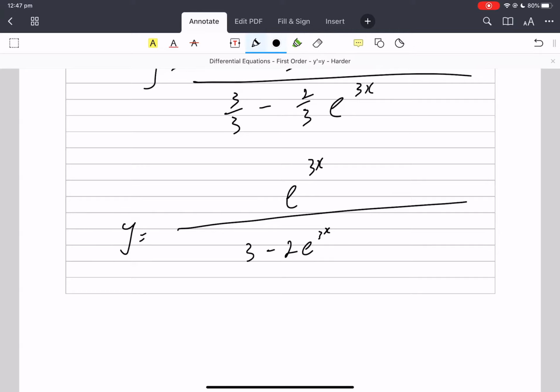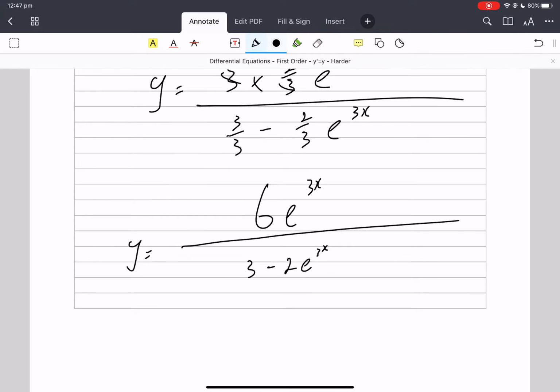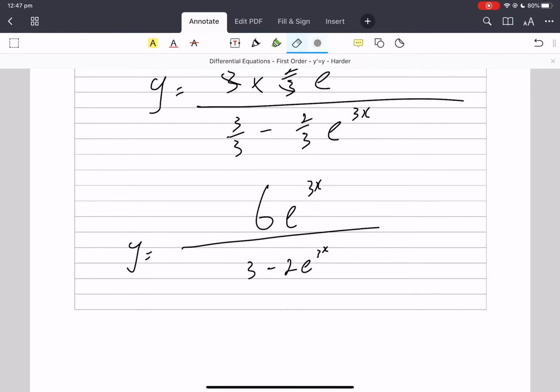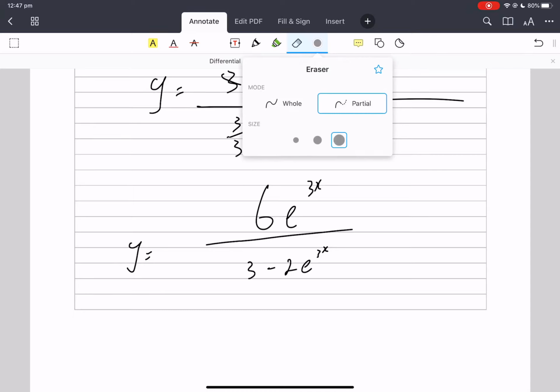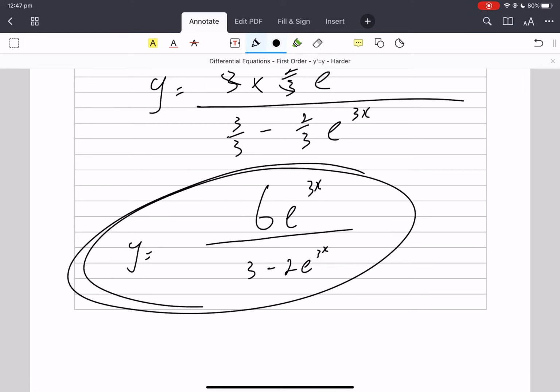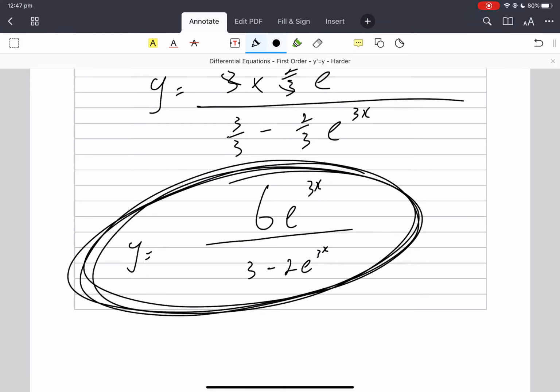So 2 3s are 6. Here we go. There is a specific answer.